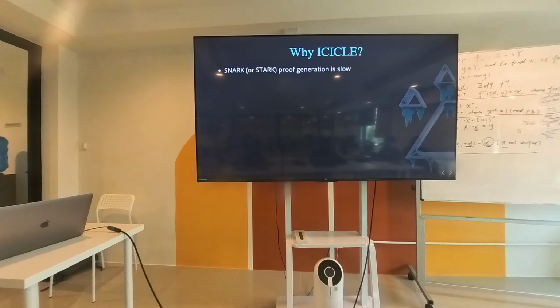The aim of STARKs and SNARKs is to have a succinct verifier. The S stands for succinct. Therefore, if we want to make the verifier very fast in verifying a particular statement, the prover has to bear the burden. That's fundamentally the reason why provers are generally slow.